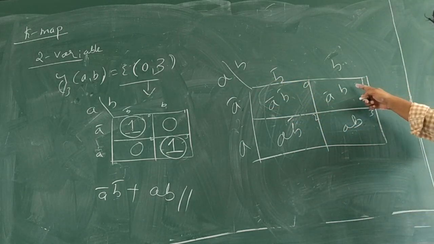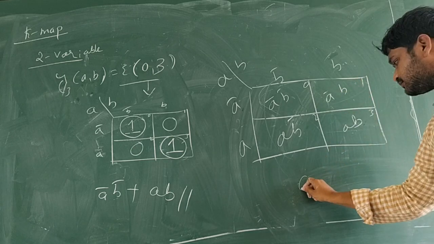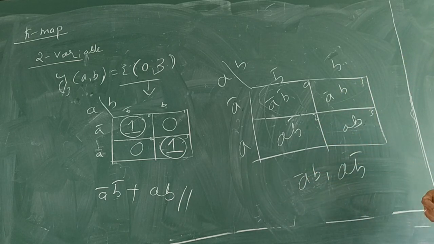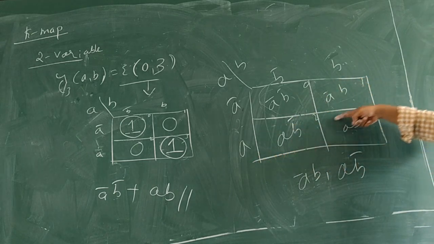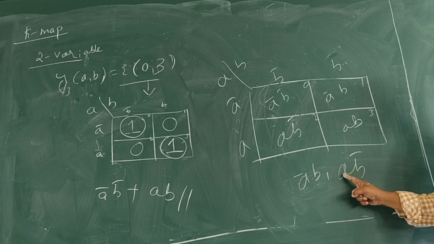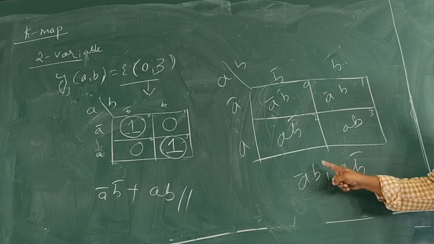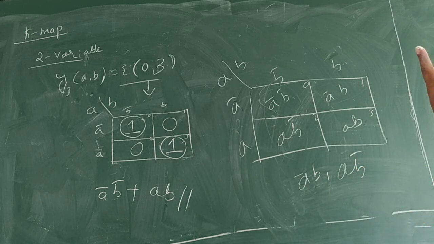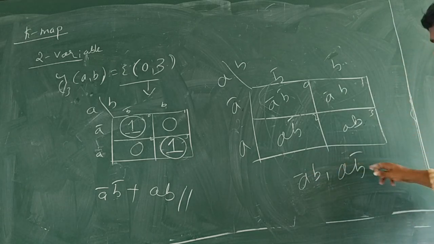So let's check 1 and 2. What is 1? A bar B. 2 is A B bar. So what is A here? Complement. Here no complement. So one difference. What is B? Direct. Here it is complement. Hence 2 differences, so a cover is not allowed.